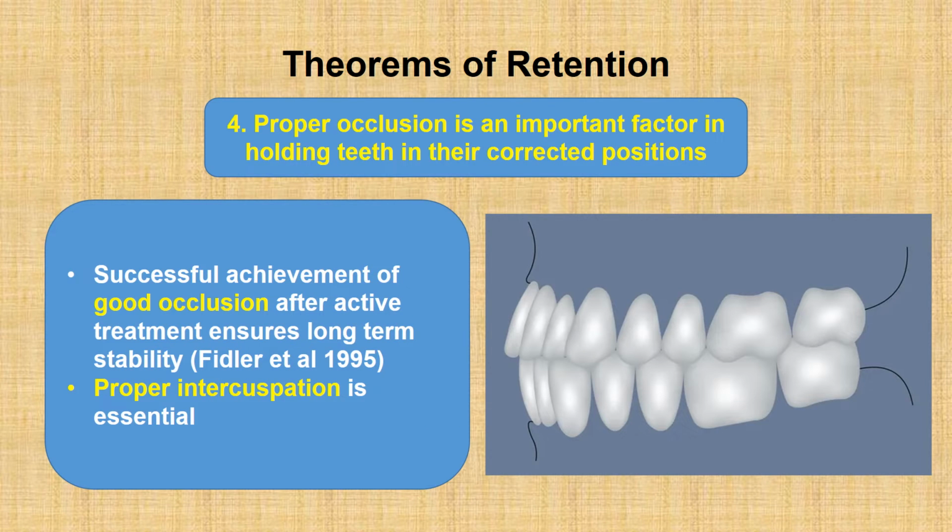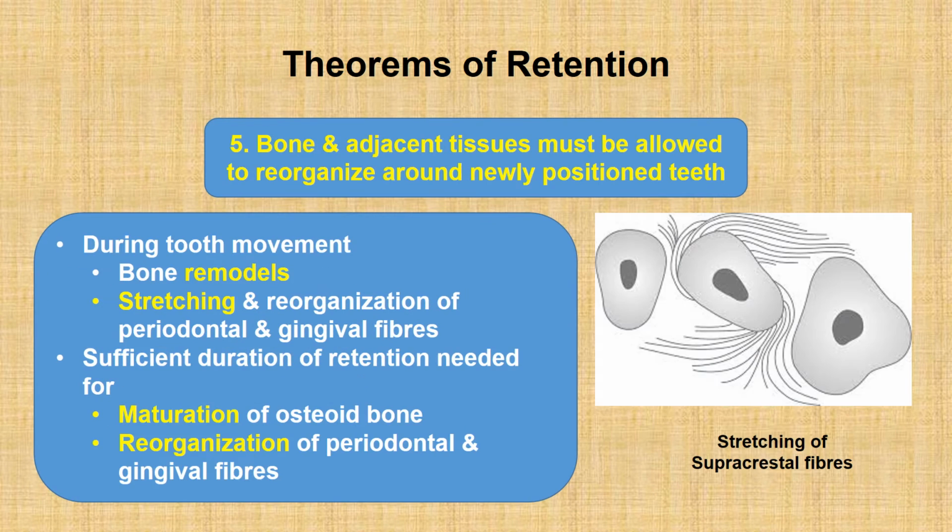Now the fourth theorem of retention is that proper occlusion is an important factor in holding the teeth in the corrected position. Fiedler has stated that a good occlusion, which means proper intercuspation, will ensure stability of the end result. The fifth theorem of retention is that bone and adjacent tissues must be allowed to reorganize around newly positioned teeth.